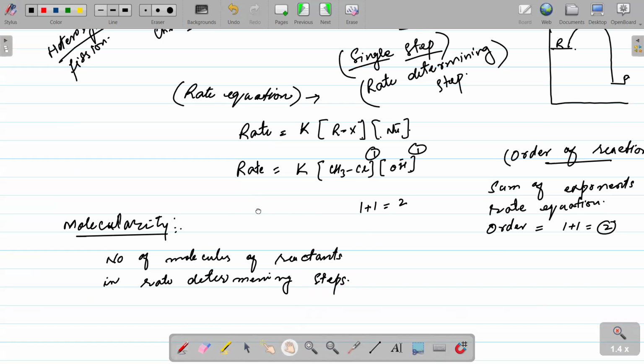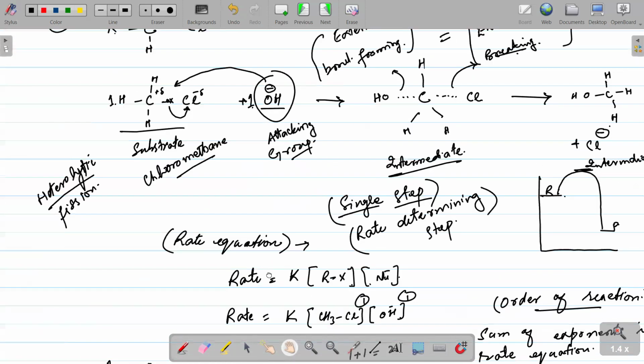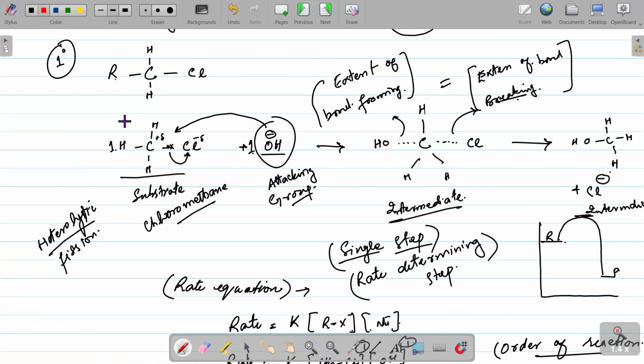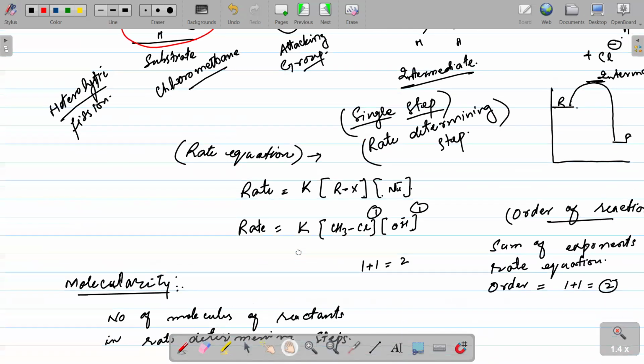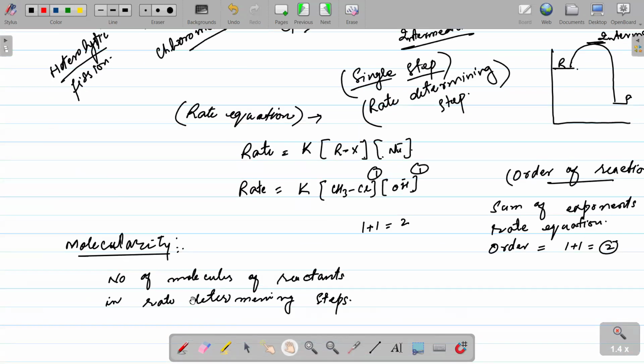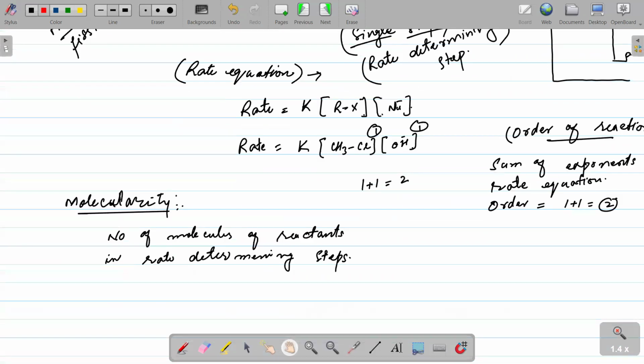So in this reaction, you can see how many molecules are participating. We have one molecule of this halogenoalkane and another molecule of this attacking group, which is hydroxide. So here we can say this reaction is bimolecular. Why?